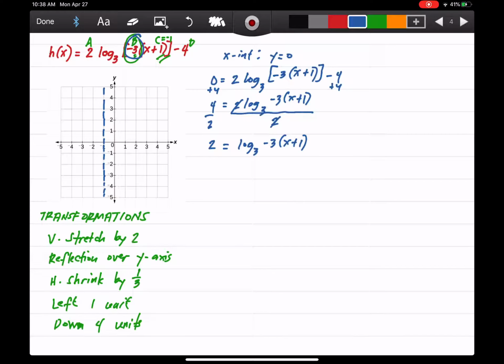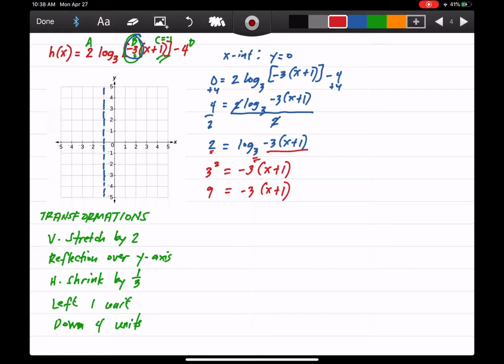So in getting the x-intercept, we have to express this in exponential form. Don't forget that. So your base is 3, that's still your base. The exponent is 2, this one. And it should be equal to -3 times x plus 1, right? So 3 squared is equal to 9, and it's equal to -3 times x plus 1.